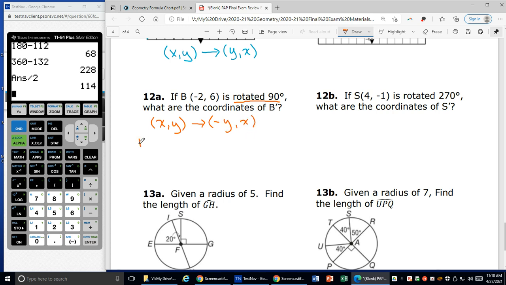So B is at negative 2, 6. So B prime, the opposite of y, the opposite of 6 is negative 6. X is negative 2. B prime is at negative 6, negative 2.